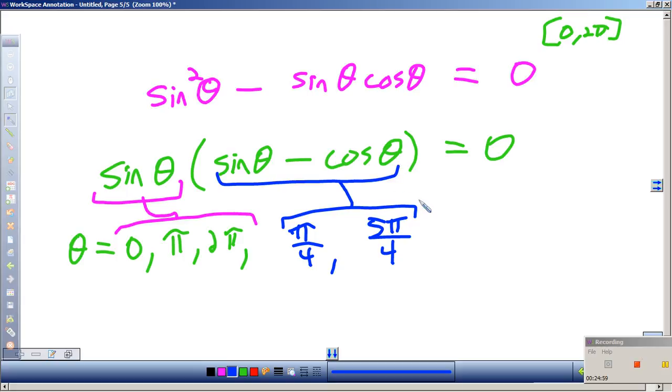Now, if I were writing a general rule, so if I was looking for all solutions in this case, could I combine these two? And what would be the pattern that describes both sets? Okay, at 3 pi over 4, what is cosine?